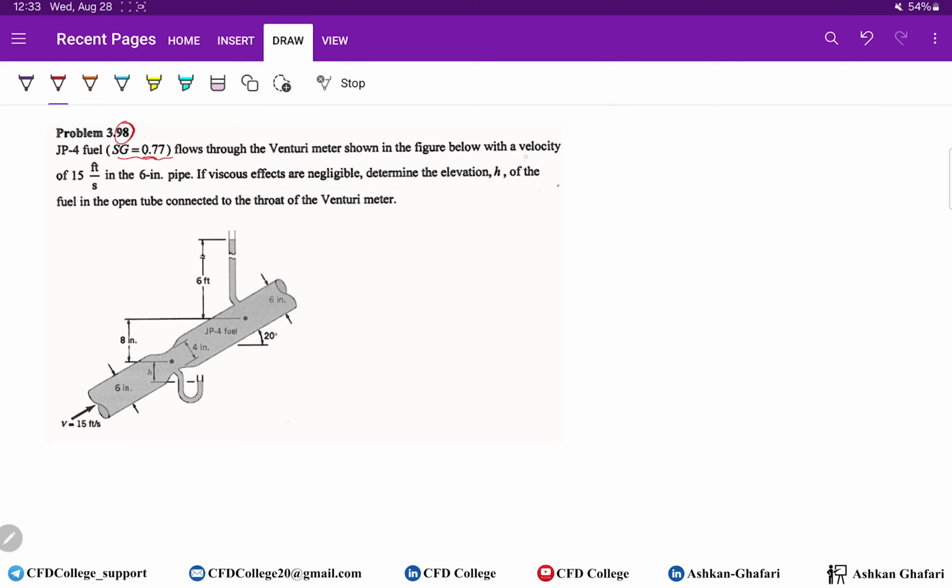We know the velocity of 15 feet per second. And we know the diameter of the pipe, which is 6 inches. If viscous effects are negligible, determine the elevation h of the fuel in the open tube connected to the throat of the Venturi meter. So here we want to find h.